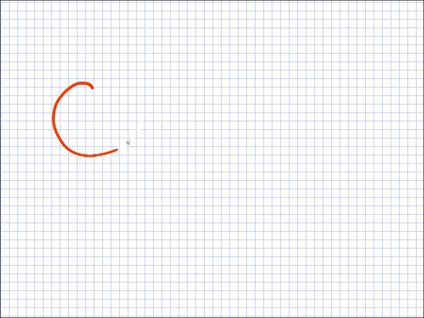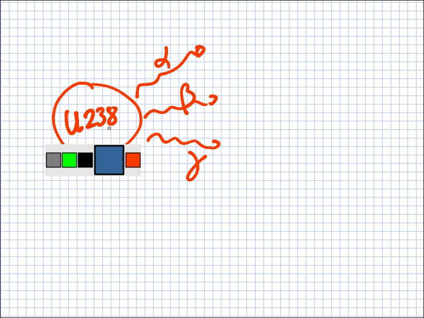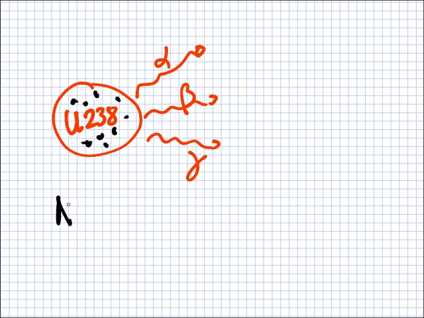So if you have something like uranium 238 and there's radiation coming off of it, then the number of isotopes you can find using this formula.